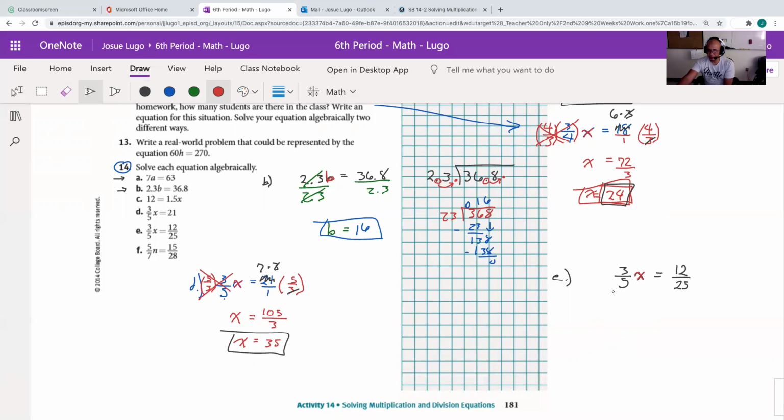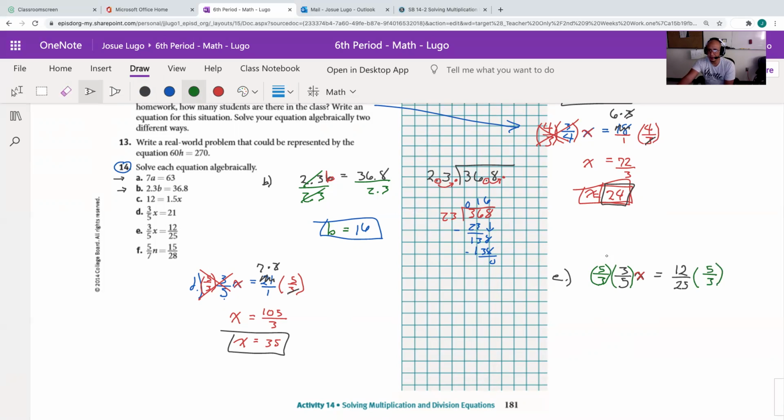Let's get rid of this multiplication by 3/5 because it's a fraction. I know I can use the shortcut. Shortcuts are good. Okay, to get rid of a fraction, just multiply it by its reciprocal. Multiply it by its flipped version. And since I had to multiply this by its reciprocal, which is 5/3, I have to multiply this side as well by the same fraction, which is 5/3.